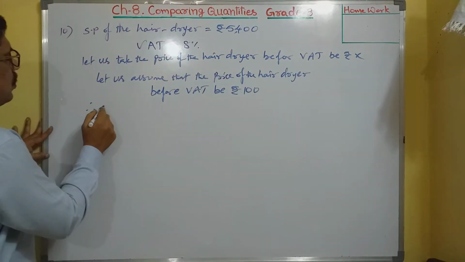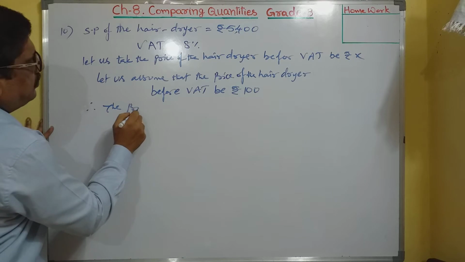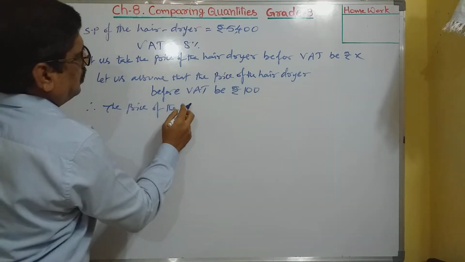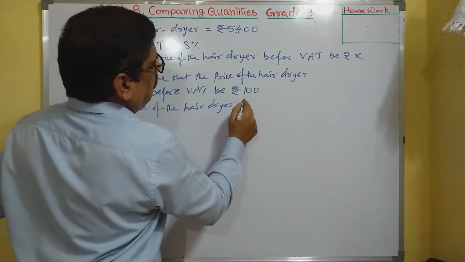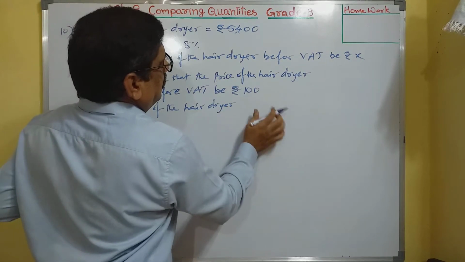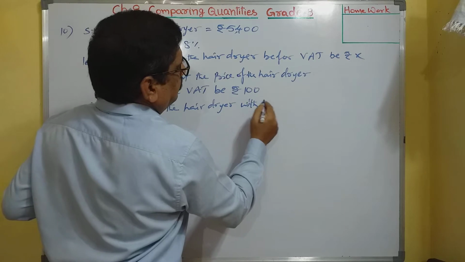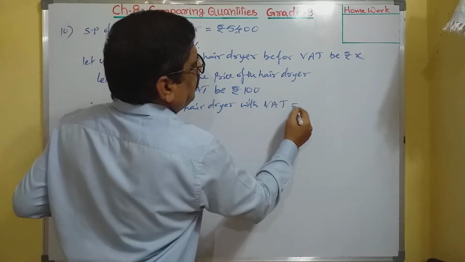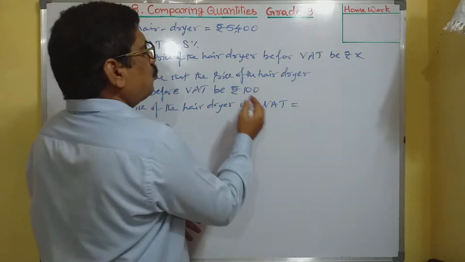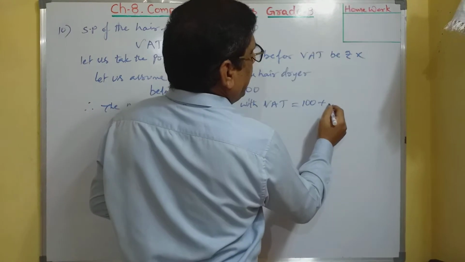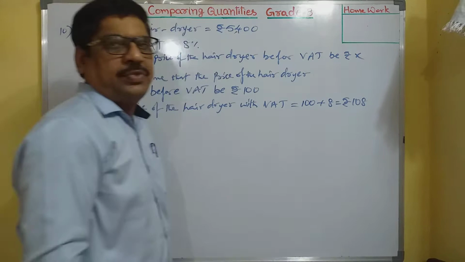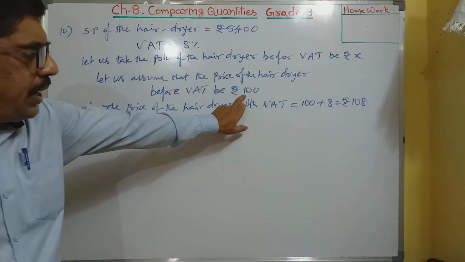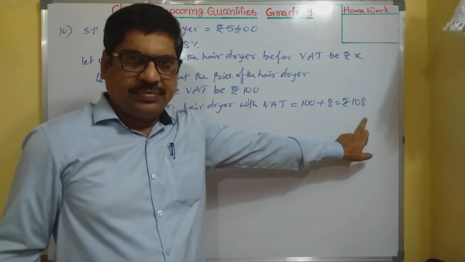So the price of the hair dryer with VAT: what is the VAT? 8%. So it will be 100 plus 8% of 100, which is 108. This is before VAT and this is after VAT.